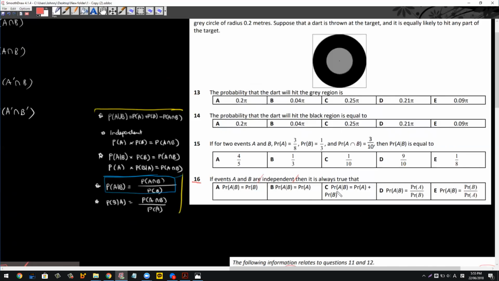Just try this and pick your best answer. Okay. So pick your answer.